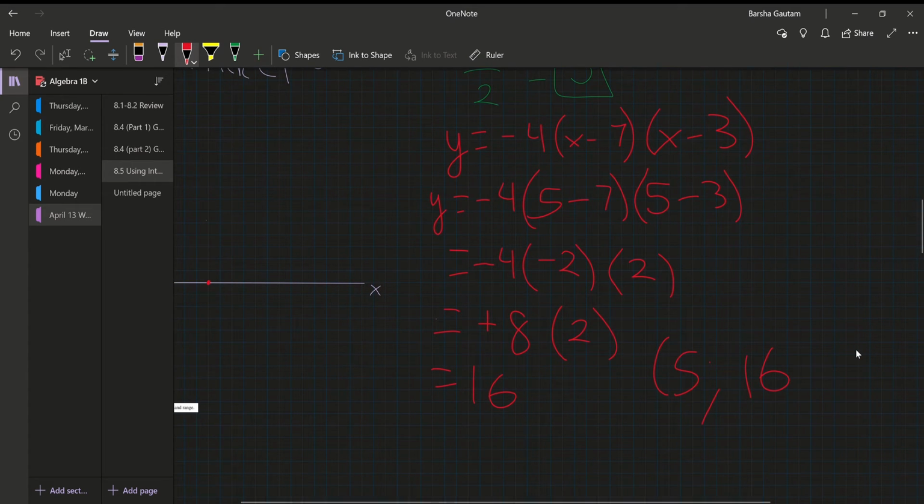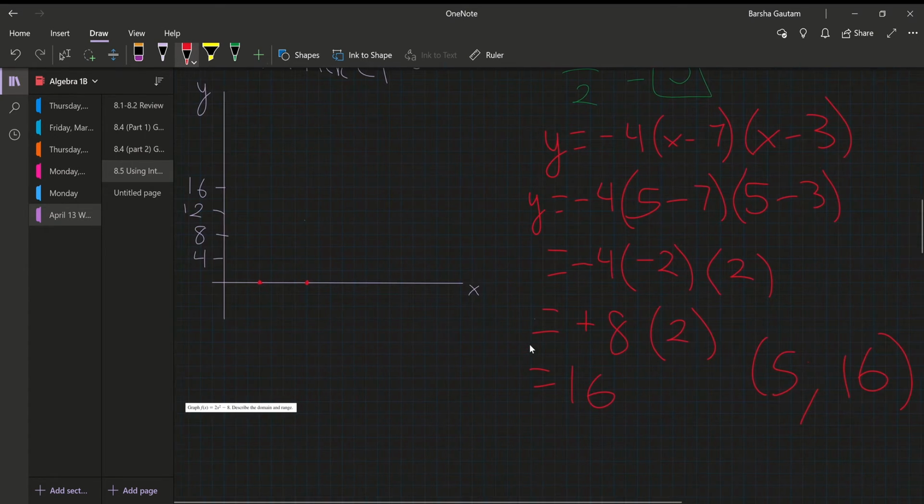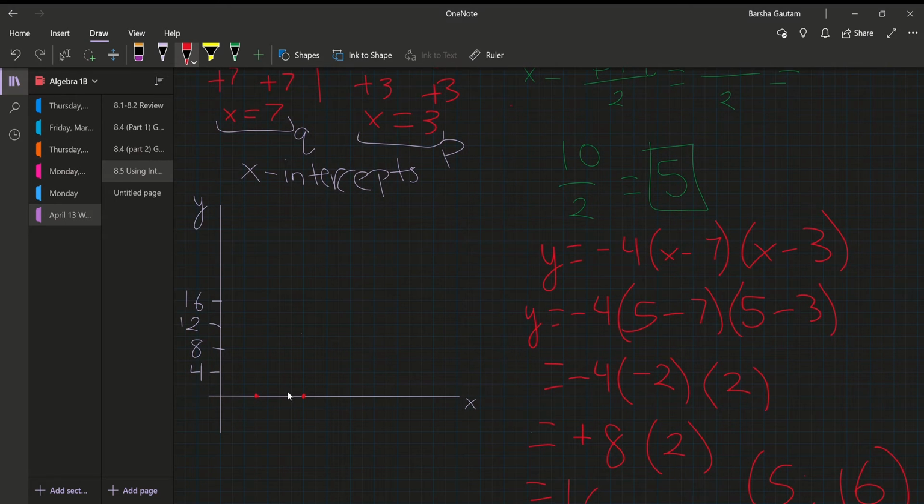Okay, my laptop's struggling right here. Okay, so now I can go ahead and plug this in here. So 1, 2, 3, 4, 5. Our axis of symmetry is right over here. Let's draw that in green real quick. And our point is going to be on 5, 16.